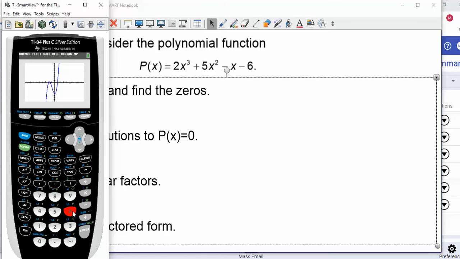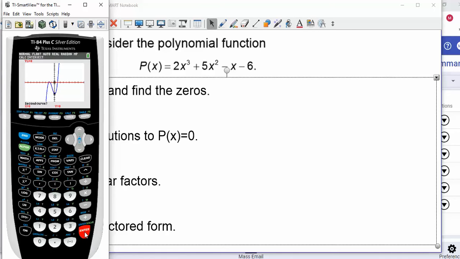So how do I find those? Okay. If you want to do that on your y equals, you need to have your y2 set to 0 first. So make sure if you're going to find them exactly, you need to make your y2 0. And then we could do our second trace intersect.